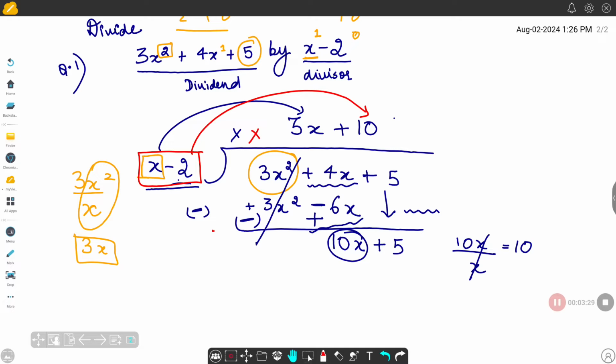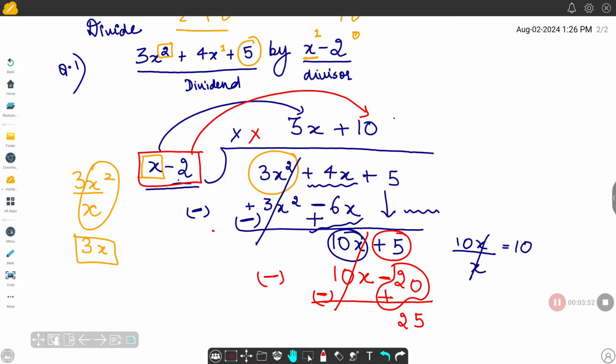So x into 10 is 10x, and then minus 2 into plus 10 is minus 20. So minus and here positive sign, so it will be negative, and minus minus becomes plus. So this will be eliminated, or 0, and then plus 5 and then plus 20 becomes 25.